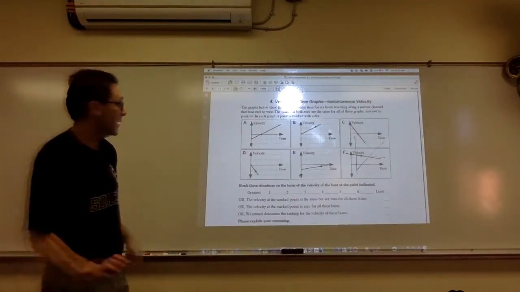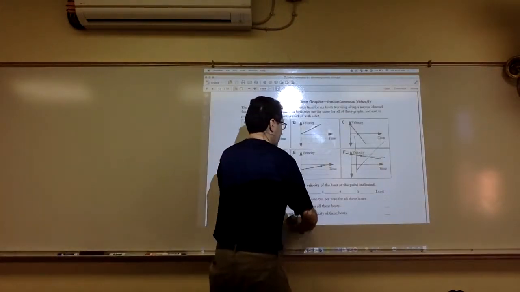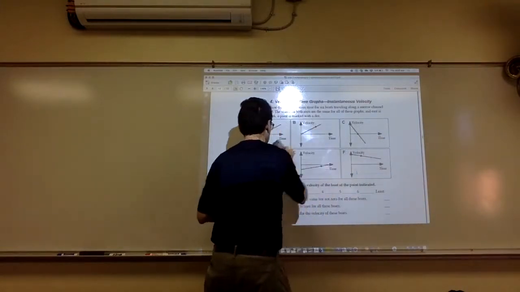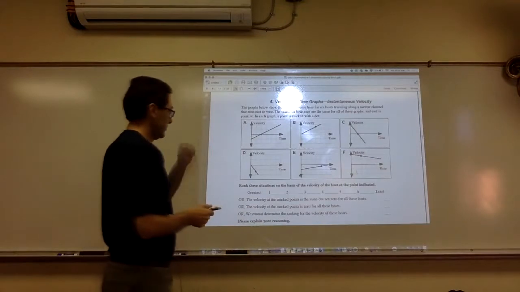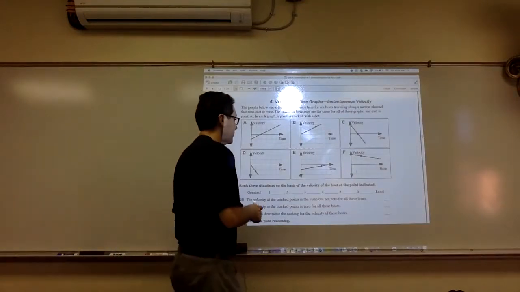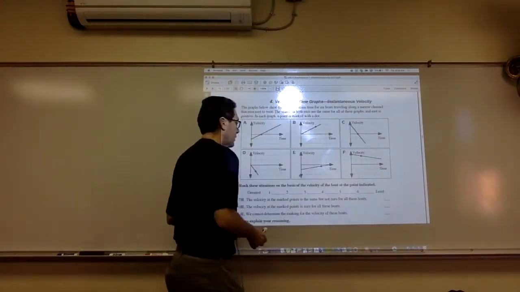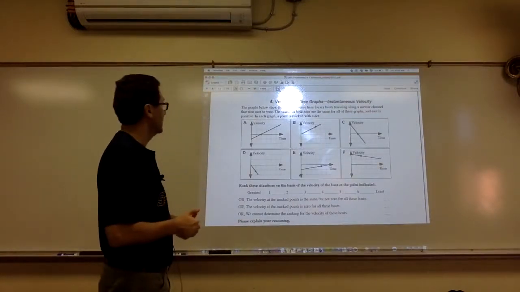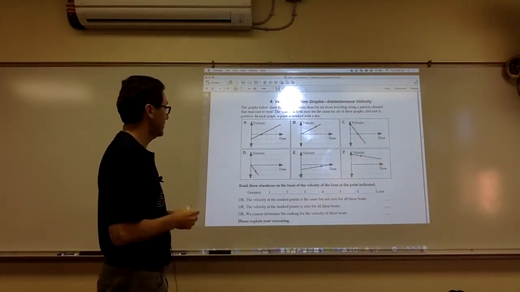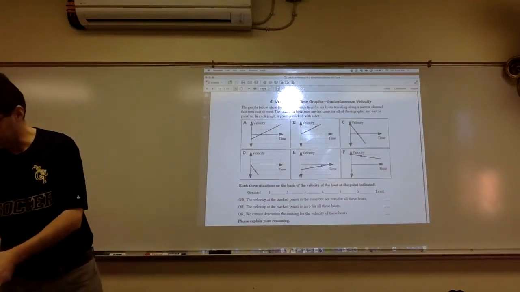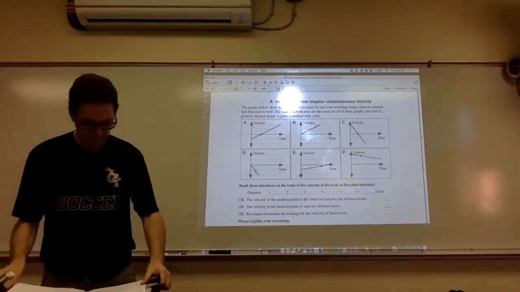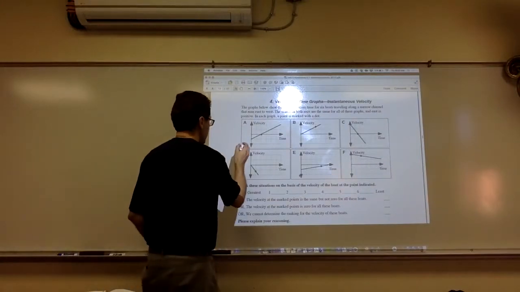Number 4, again, it's a velocity time graph. It's not a position graph. So if you want to find the velocity of the boats, you just read the values. I do have values here. I don't feel like doing them again. Okay. So this is a 0.